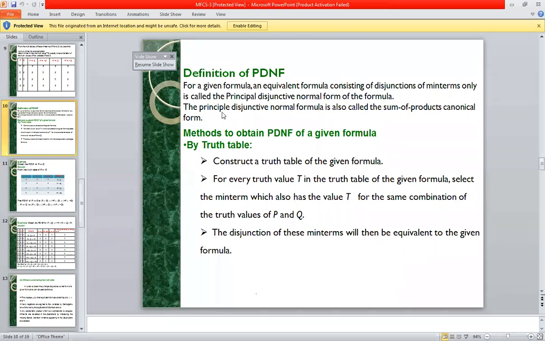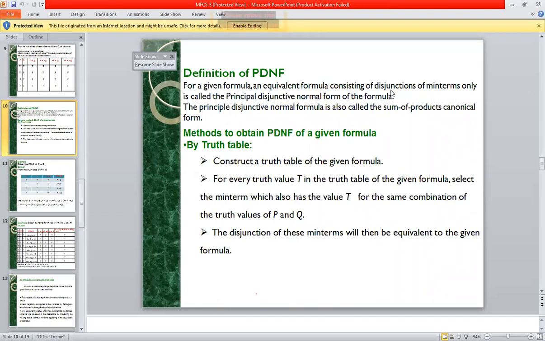Another definition: the principal disjunctive normal form is also called sum of products, or canonical form. So what is PDNF? For a given formula, an equivalent formula consisting of disjunctions of minterms.